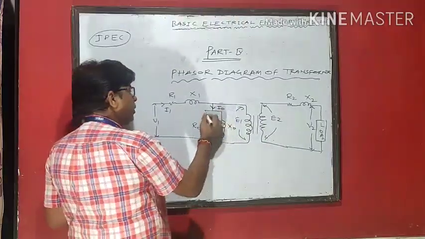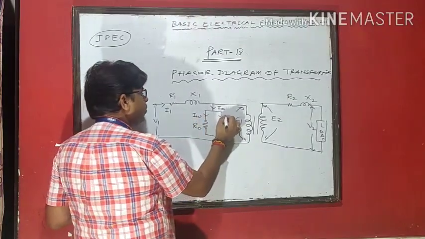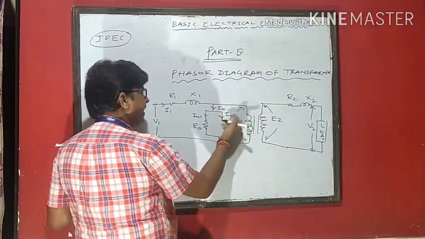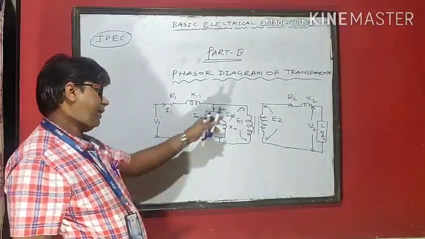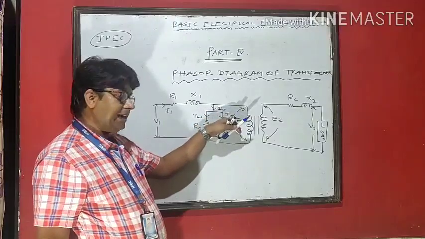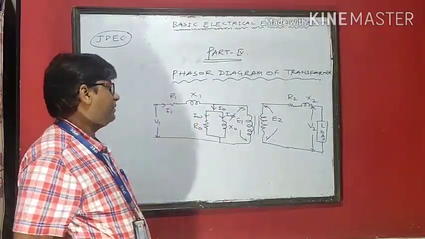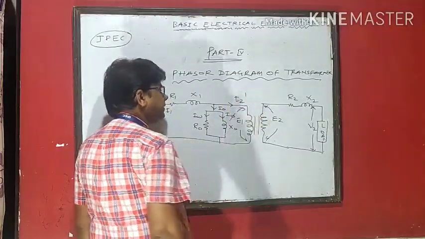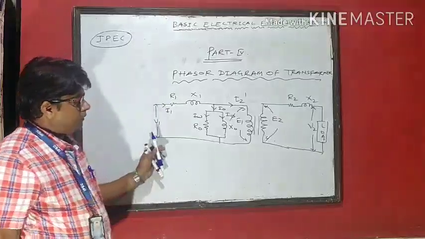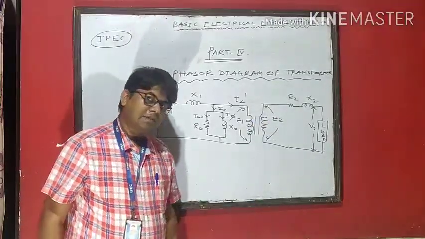And no load current is divided into two parts: one is the working component, one is the magnetizing component, that is I phi, Im, or I mu. We can use any name, Im or I mu or I phi. Here is I2 dash. So this is the approximate circuit diagram of transformer.